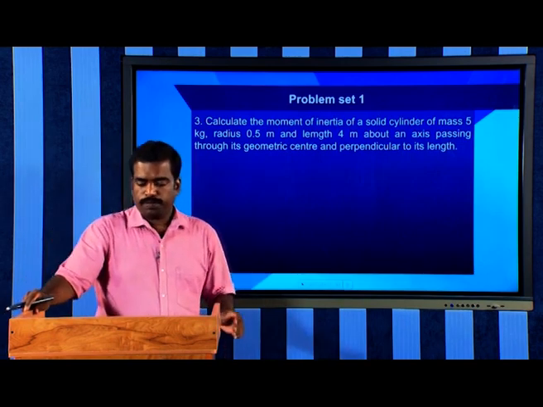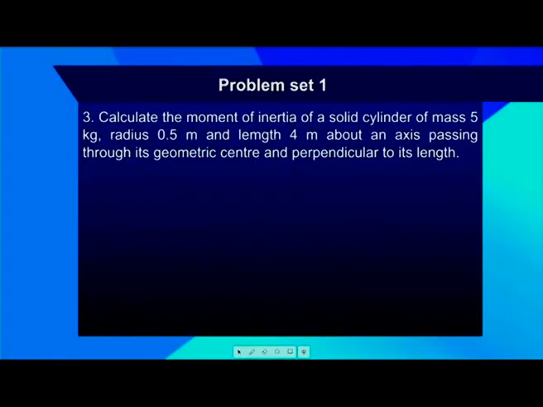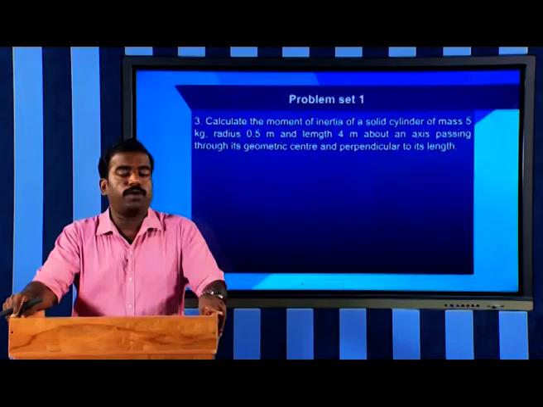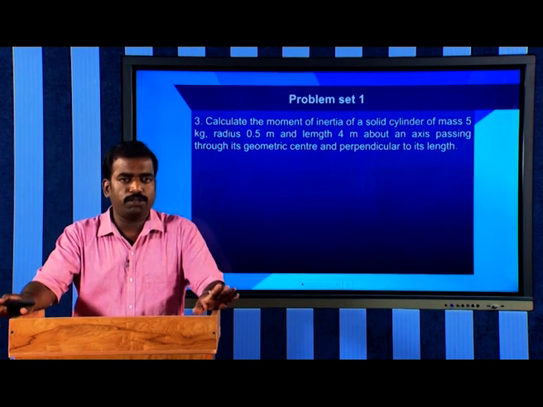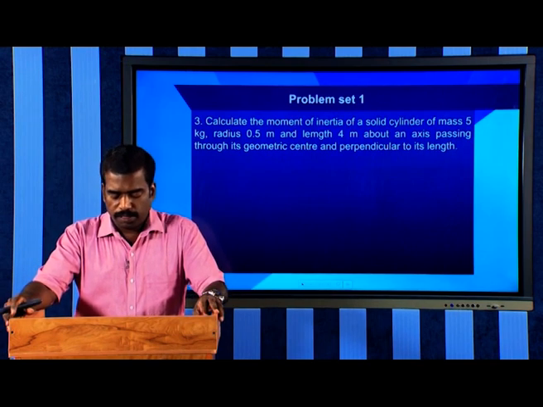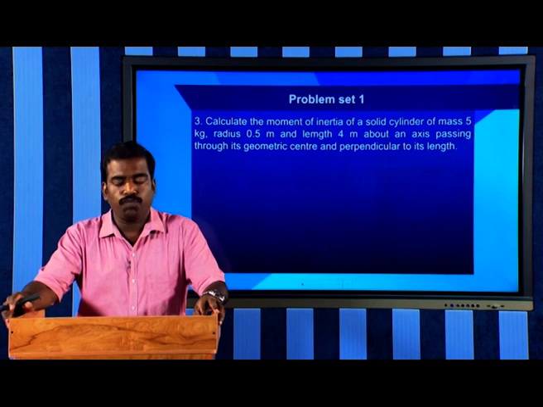So, here calculate the moment of inertia of a solid cylinder of mass 5 kg and radius 0.5 meter and length 4 meter about an axis passing through its geometrical center and perpendicular to its length. It is a direct question, direct substitution. Calculate the moment of inertia of a solid cylinder of mass 5 kg.